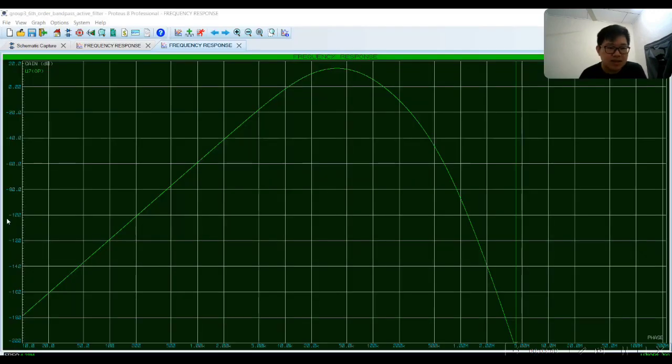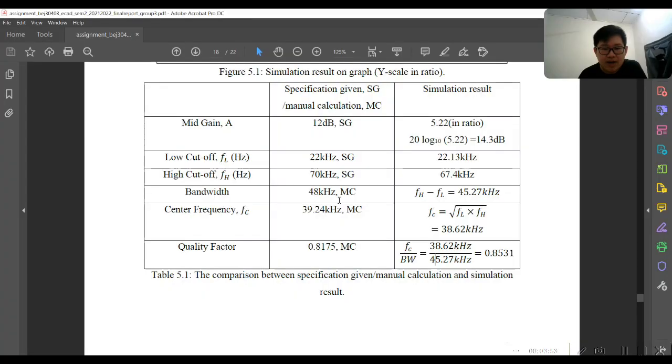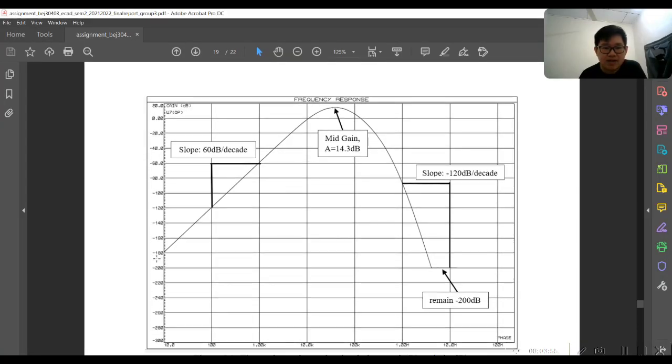Next, this is the simulation result in which the y-axis is in dB. In this graph, we can see that there is a slope on the left hand side and a slope on the right hand side.